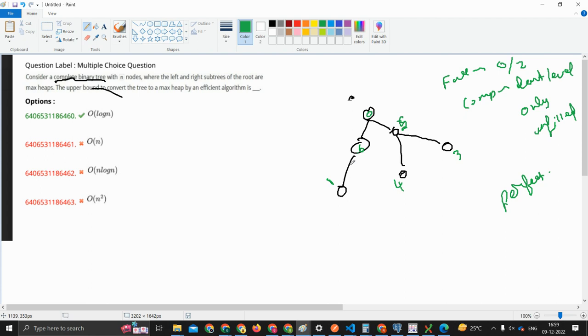You keep swapping until the position is moved to its correct place. To do that, you travel a path, and the maximum path that you can travel will be of size log n only, because that's the way binary trees are structured. That is why I think we are getting a complexity of O of log n.